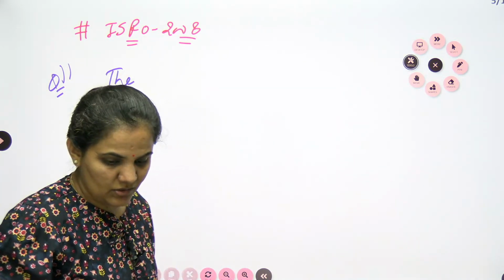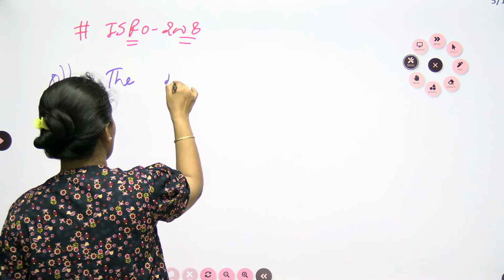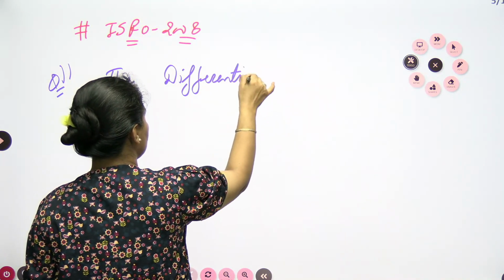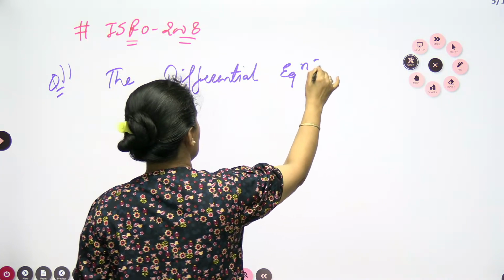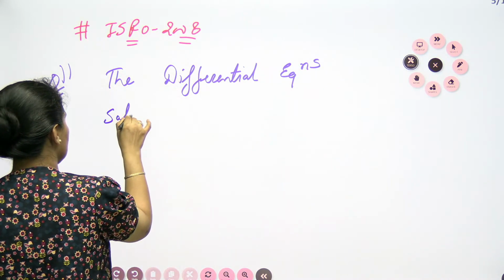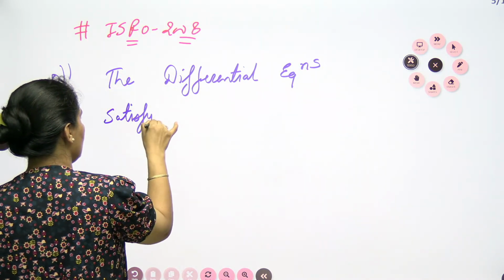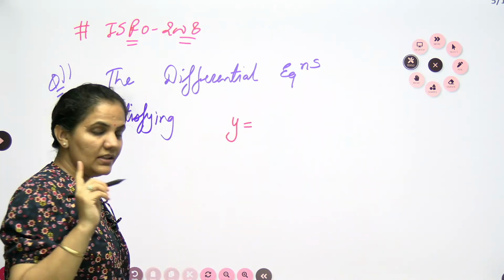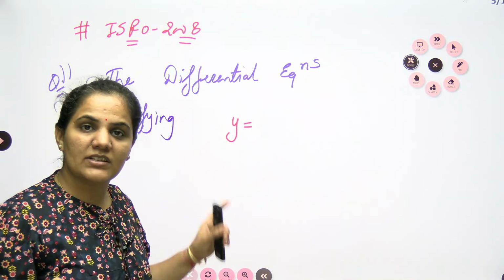So let me write down the question. The differential equation satisfying, as in this case the solution is given to me. We need to identify the differential equation for this solution.